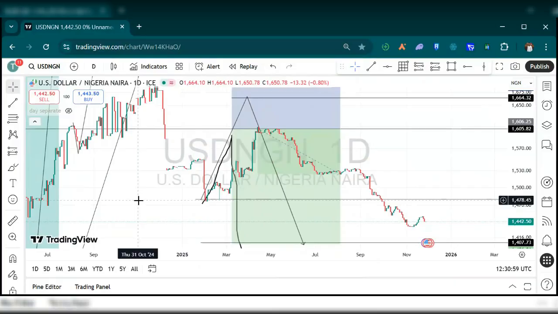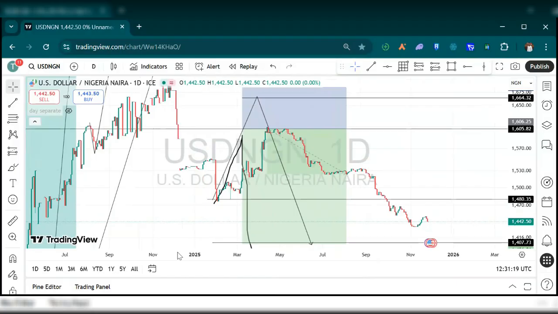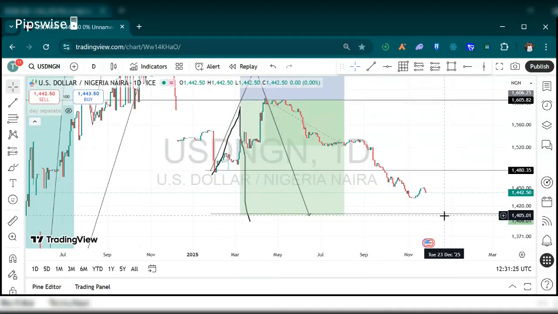I've done this chart for a very long time, and you definitely see that it's playing out really well. It's already playing out, and that is to say, we still have Naira at around 1.4.